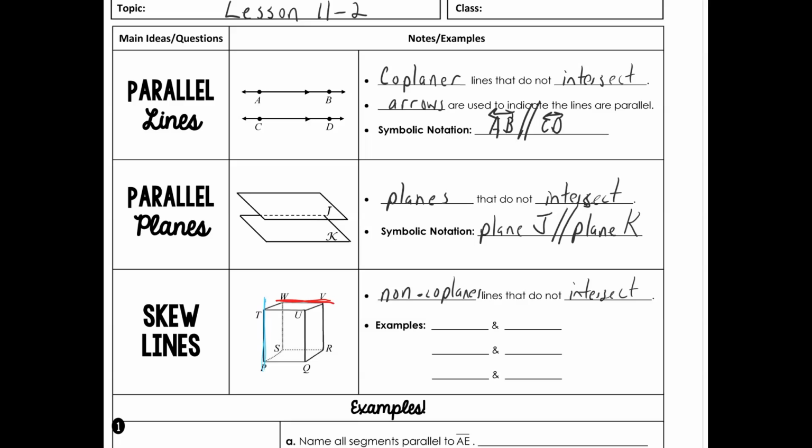Those are skew lines, non-coplanar lines. So WV and TP. Another example, I'll say another one that's skew to TP would be SR, for example. Right? SR and TP are skew lines.